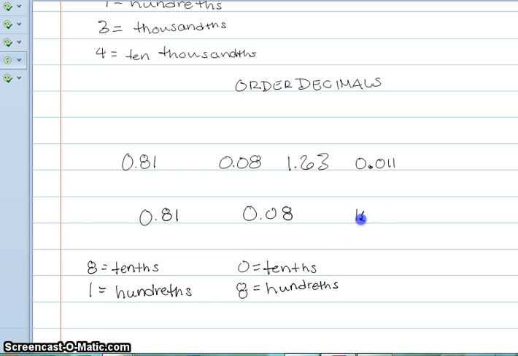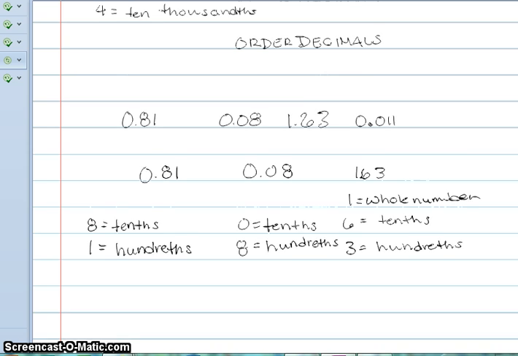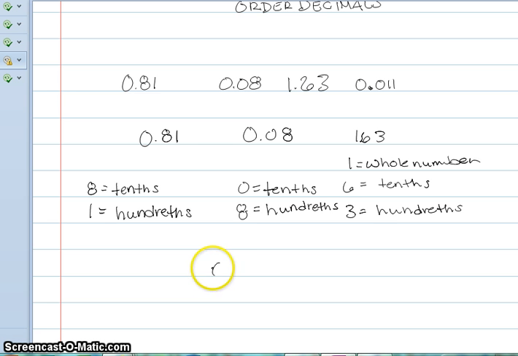Next number I have is 1.63. The 1 is in the whole number. The 6 is in the tenths. And the 3 is in the hundredths. The last number we have is 0.011.